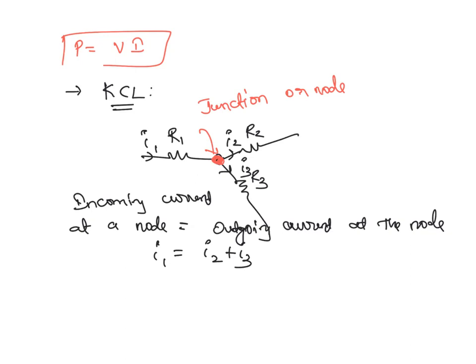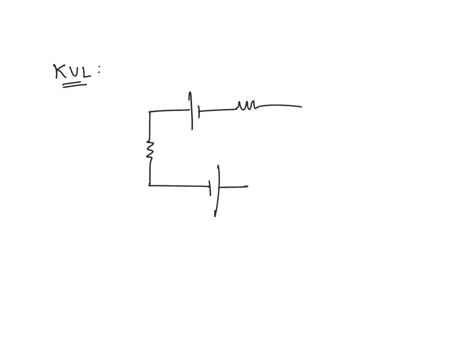The next one is very much important: Kirchhoff's voltage law, KVL, or Kirchhoff's voltage rule. Let me take a circuit here which contains a battery and resistor R1, one more resistor, one more battery, and one more resistor here.